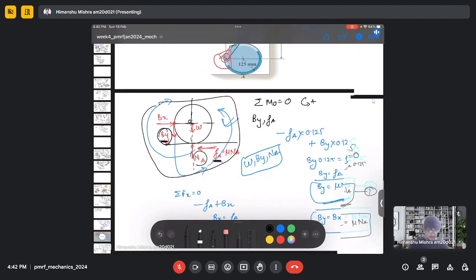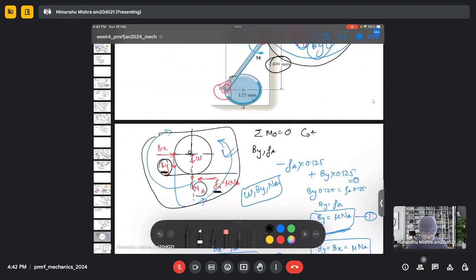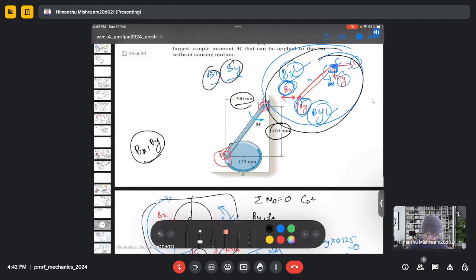It came after we took the summation of force in the horizontal and vertical direction, and the summation of moment. Once we got Bx and By, we consider the rod again, and we do the moment balance analysis to calculate the unknown moment.